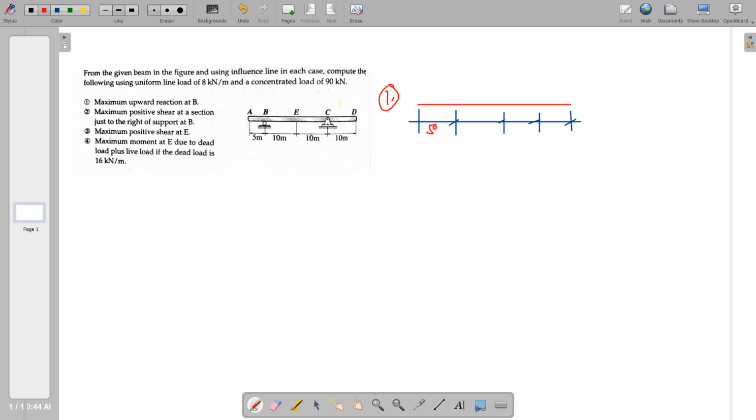So this is 5 meters, 10 meters, and 10 meters.